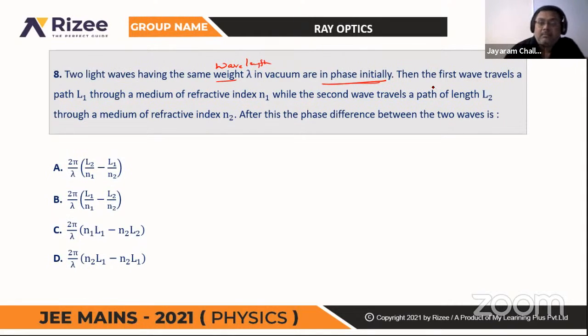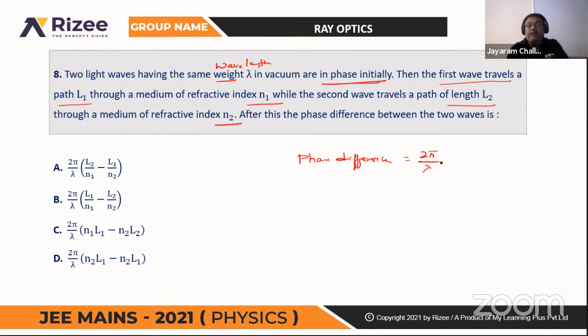Fine. Then the first wave travels a distance of L1 through a medium with a refractive index N1. The second wave is going to travel a distance of L2 with a refractive index of N2. Then he is asking what the phase difference is going to be. As we know, the relation between the phase difference and path difference is: phase difference is equal to 2 pi by lambda into path difference.